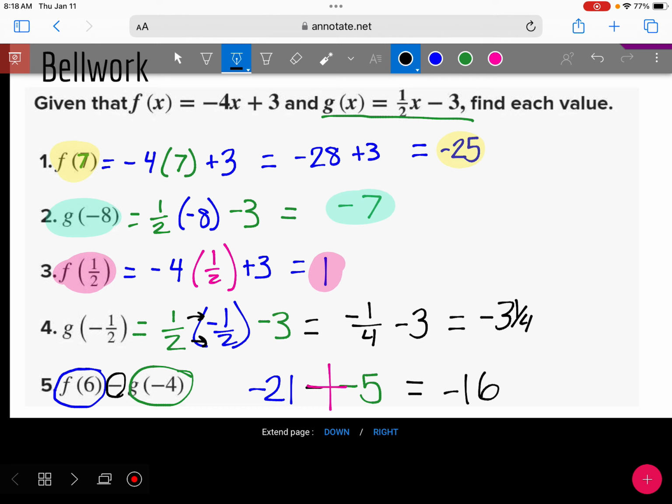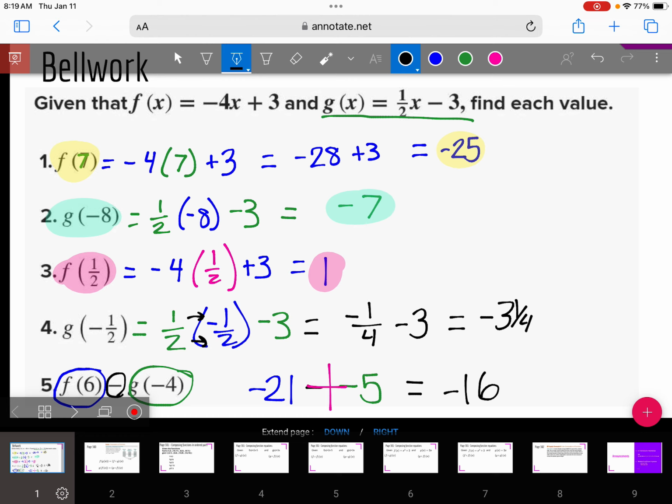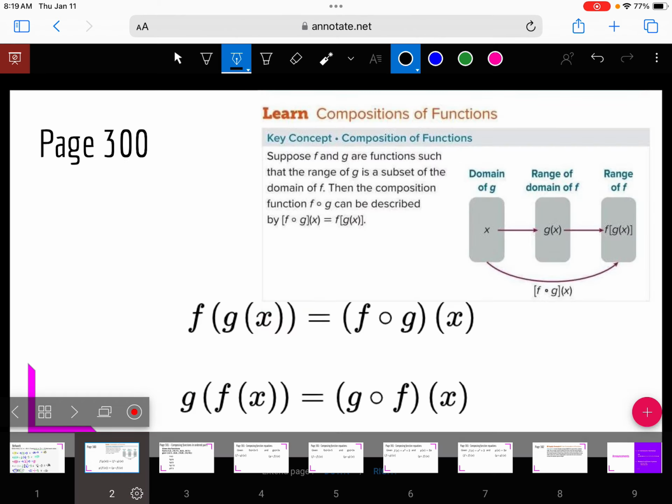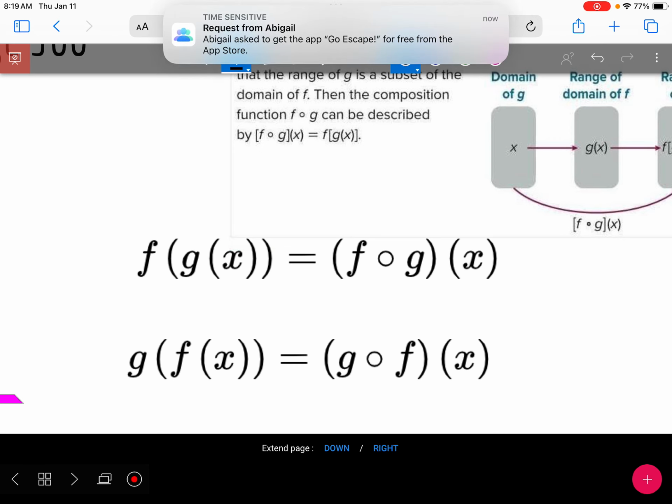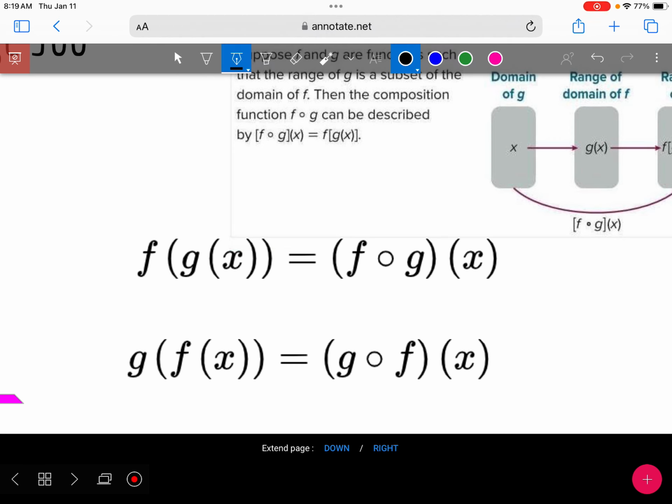So what we're going to be doing today is actually going to start with using this kind of stuff. So we're going to start with, it's called composing functions, and I'm going to put up like a wall of text, and you don't need to write the whole thing down. What I want you to write down is these things at the bottom.